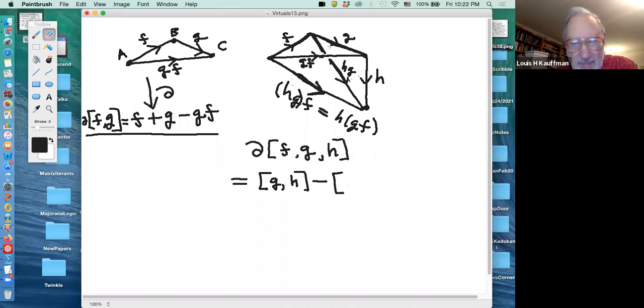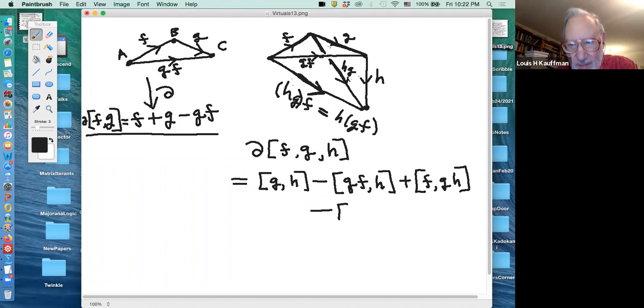I'm sorry about that, but that's just a convention that people follow, right? You do G of F, and then H, and then plus, and then we'll do this composition. That means we leave F alone, and we do GH. And then we will subtract, dropping the last one, FG.